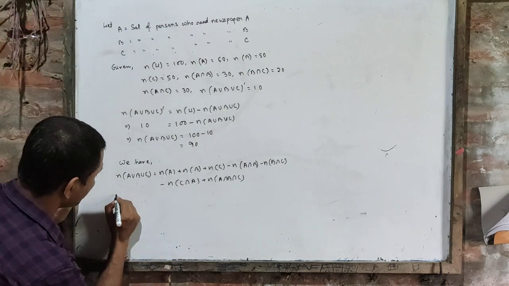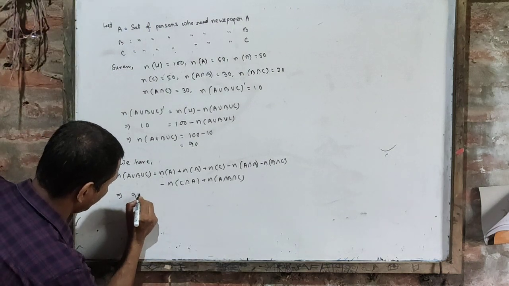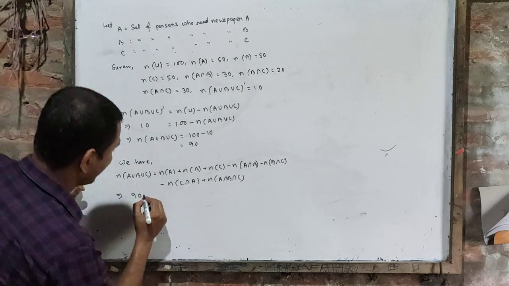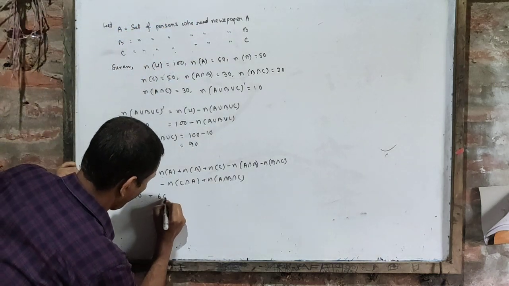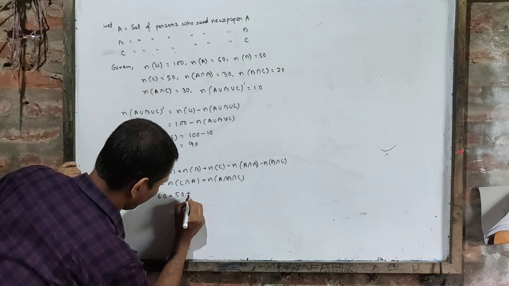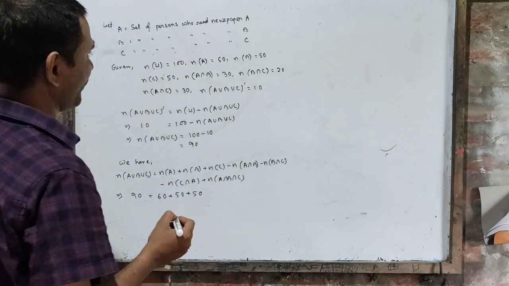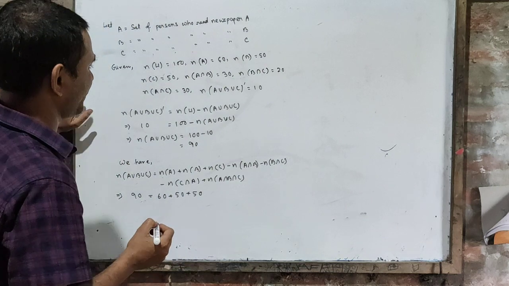You write the values; those are known to you. N of A union B union C is 90. N of A is 60. N of B is 50. N of C is 50. N of A intersection B is 30.